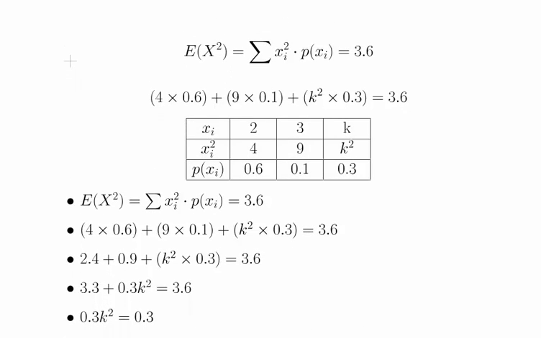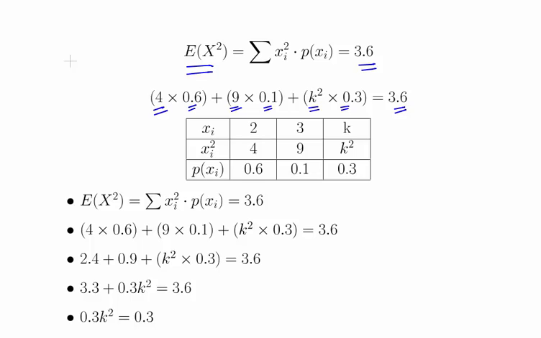Now, we are told that the expected value of X squared equals 3.6. So that is the sum of each of the values squared times the probability of that value. So 2 squared times 0.6, 9 times 0.1, and k squared times 0.3. That gives us 3.6.